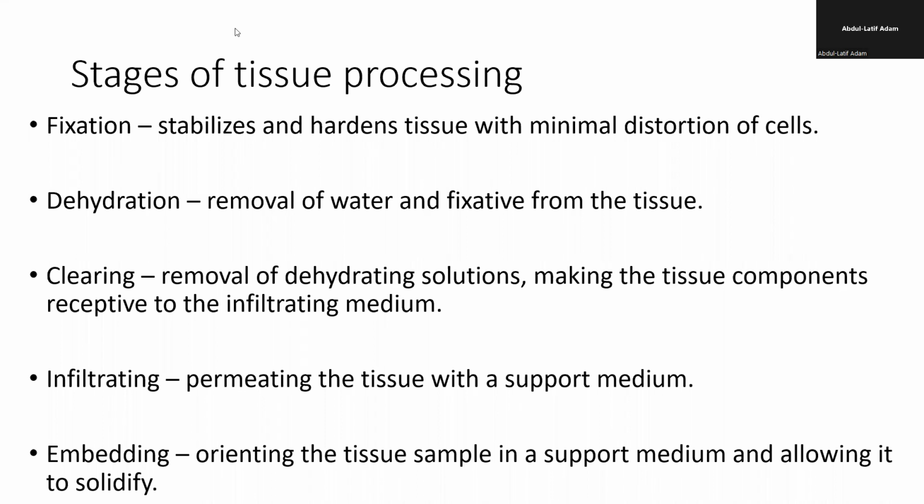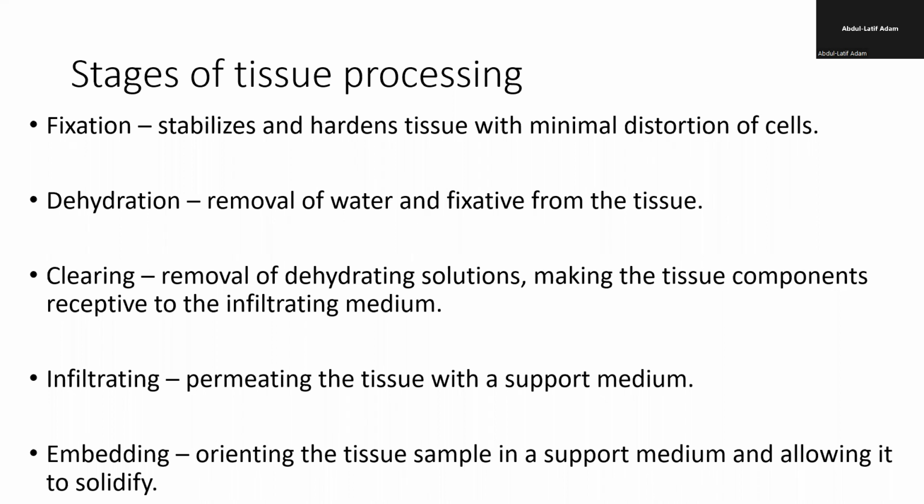Okay, so as I was saying, dehydration is the removal of free unbound water from the tissue. After you have removed the free unbound water in the tissue, then you clear. I was trying to explain the reason why you have to go through all these processes. From the beginning, I mentioned to you that the tissue is going to be placed in a permanent state where there is no need for water.